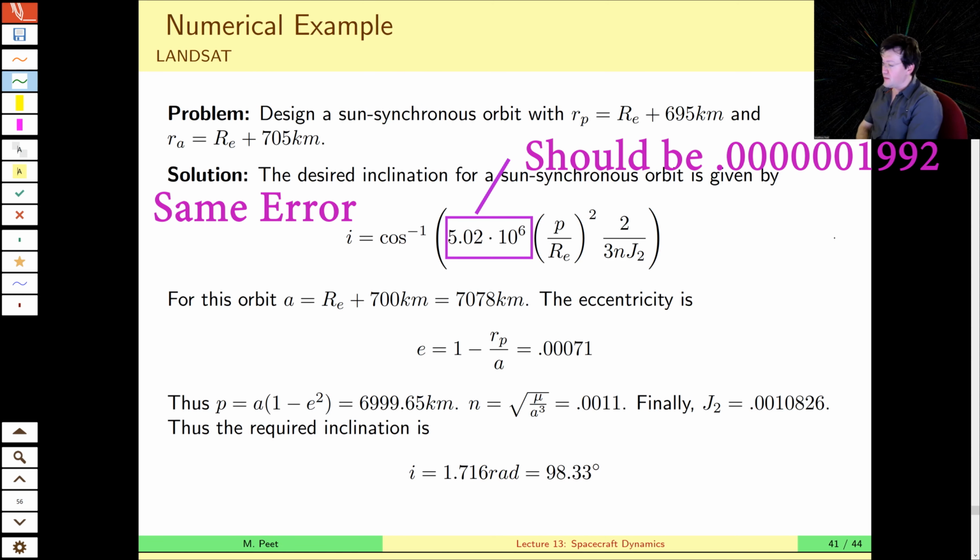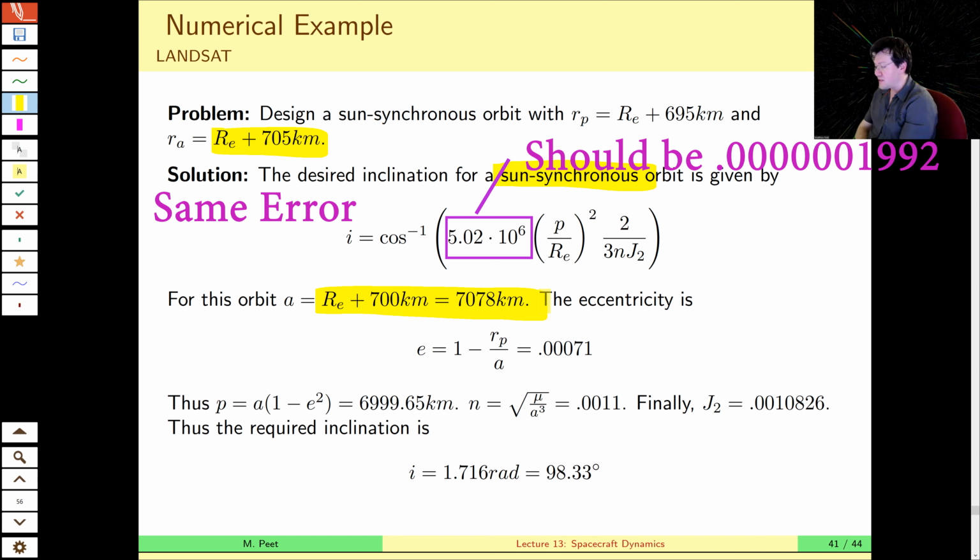So here's just an example, Landsat. This is a mapping satellite designed for relatively low Earth orbit, about 700 kilometer altitude. And because it's mapping, you want to maintain that sun-synchronous nature: same time of day wherever you're flying over. So in this case, we have a. We can figure that out from the perigee and apogee altitudes.